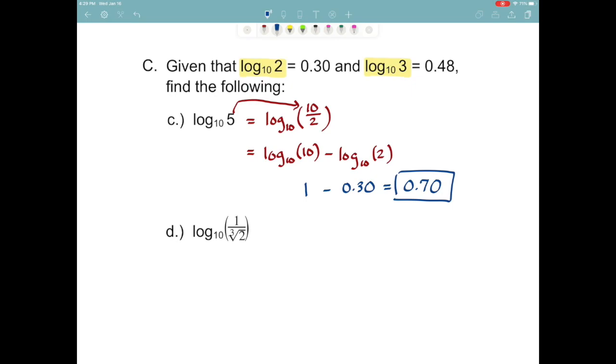Then letter D. With letter D, we've got log base 10 of 1 over the cube root of 2. I'm going to try to get rid of that radical right off the bat. I'm going to have 1 over 2 to the 1/3 power.